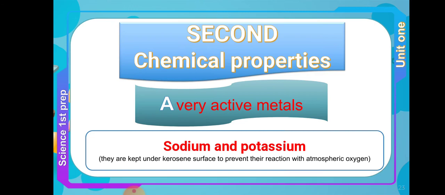Number A, very active metals, such as sodium and potassium. Sodium and potassium are very active metals, so they are kept under kerosene surface. Give a reason: sodium and potassium are kept under kerosene to prevent their reaction with atmospheric oxygen.